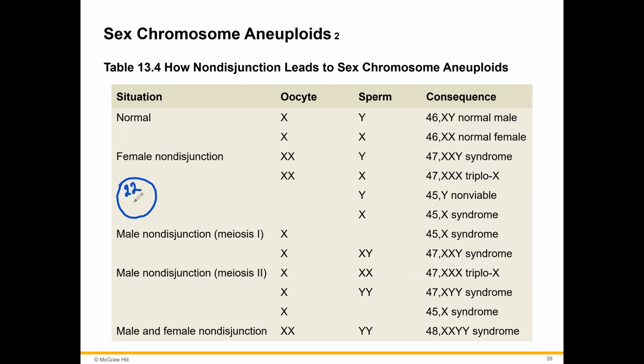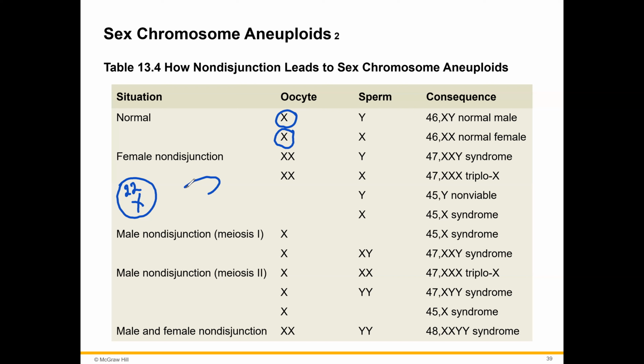That means chromosome 1, 2, 3, 4, 5, and so on, to chromosome 22, and 1 X chromosome. Only if it's a normal egg, if it's not affected, if it has euploidy, it's going to be 22 autosomes and 1 X chromosome. So here's a normal oocyte. It has X here, so it can only have X.